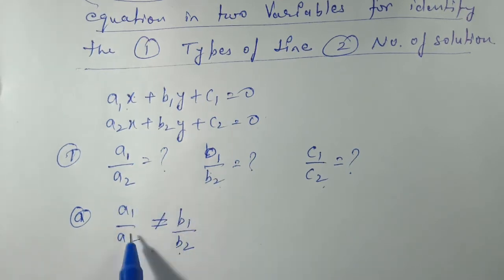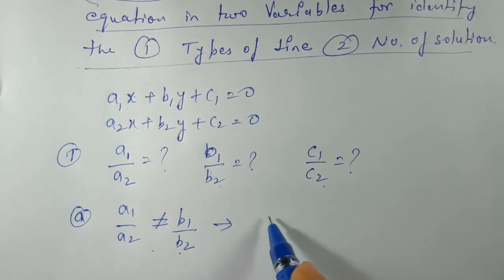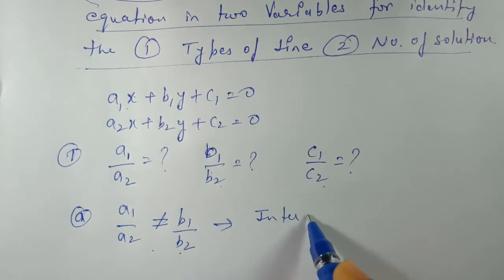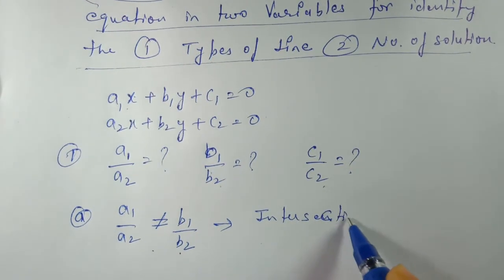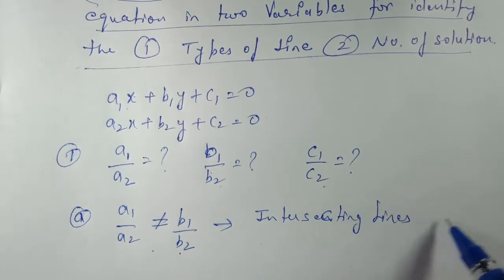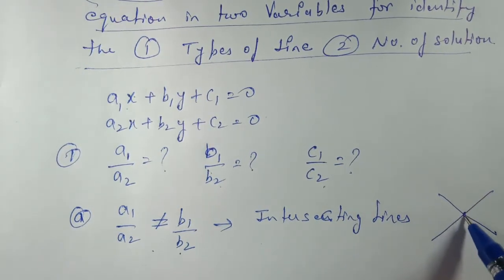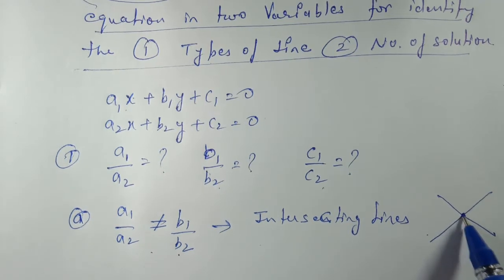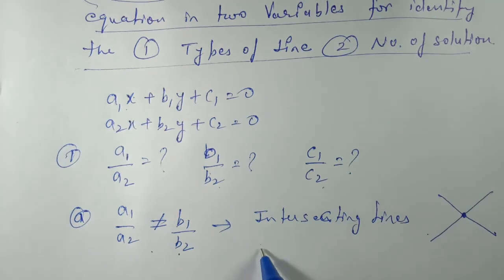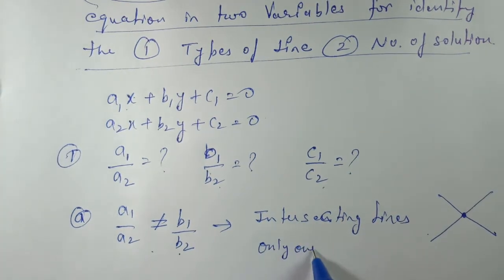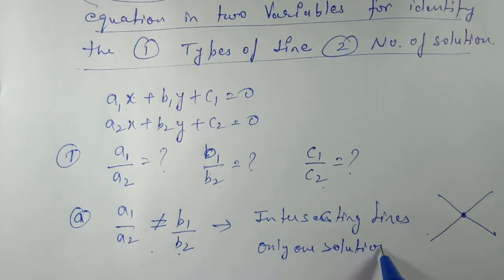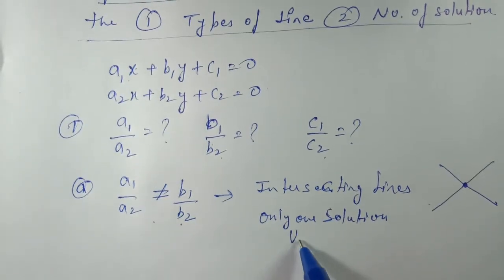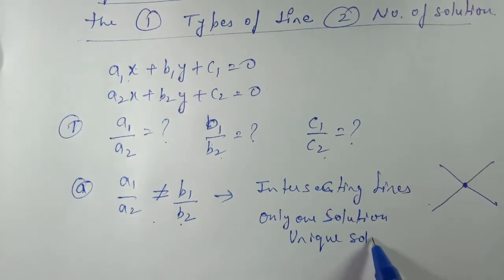First condition, part A: if the first two ratios are not equal, it means the lines will be intersecting lines. If we see the graph, these two lines intersect each other at a single point. So it means there will be only one solution, and for only one solution the word used is unique solution.